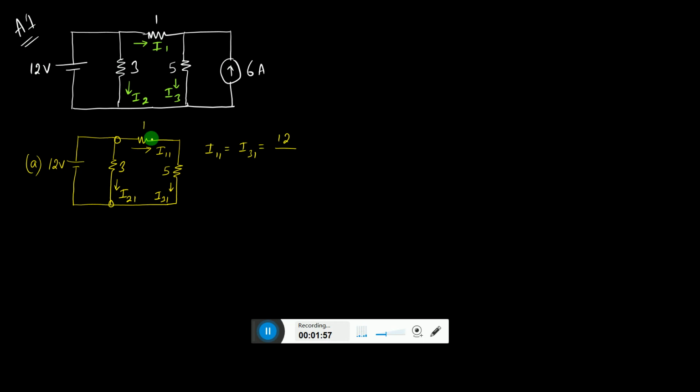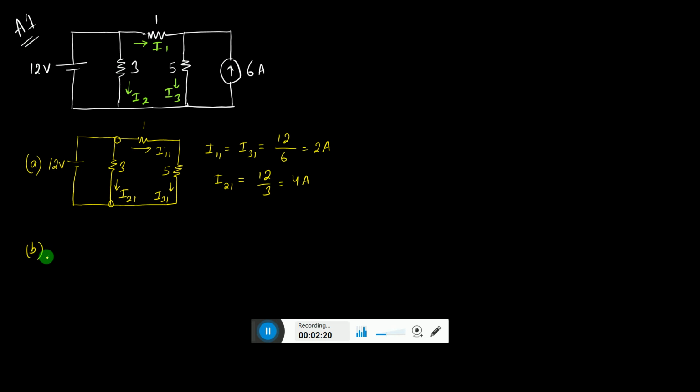The resistance here will be 1 plus 5, that is 6. So 2 amperes. The voltage across the 3 is also 12 volts. I21 is equal to 12 by 3, 4 amperes.